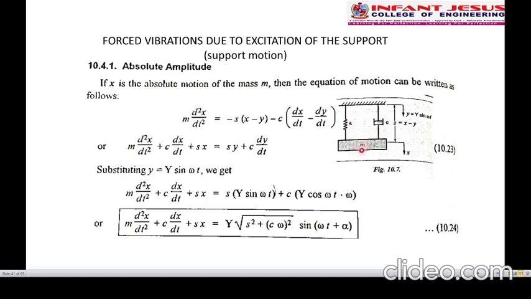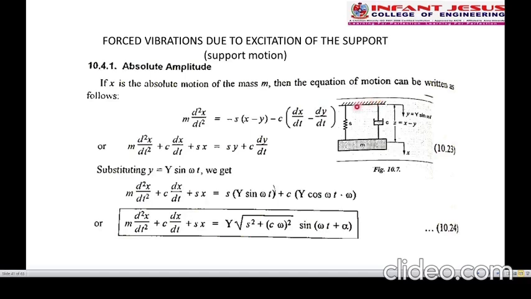Since the mass is hanging from the support, we consider that there is a displacement due to this mass. There is a displacement x, which is acting downwards. Not only this displacement, but in many applications the external force is acting on the support also.